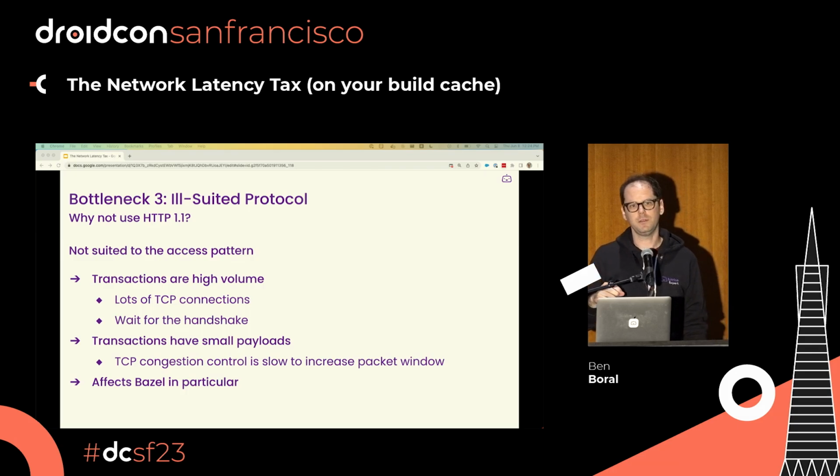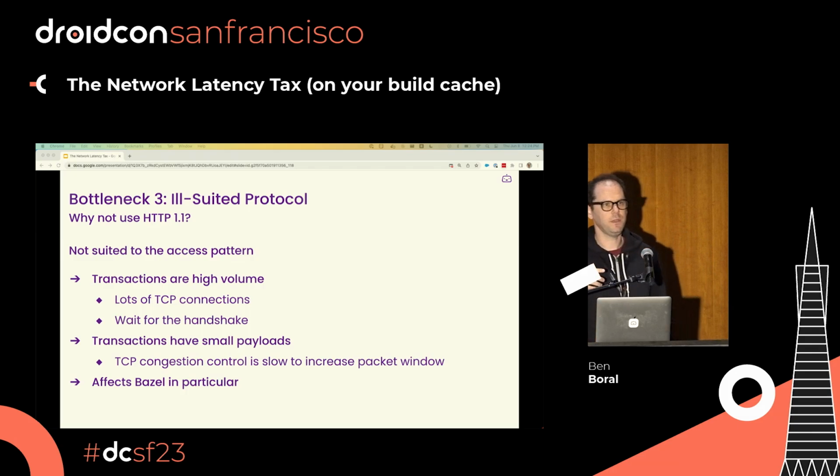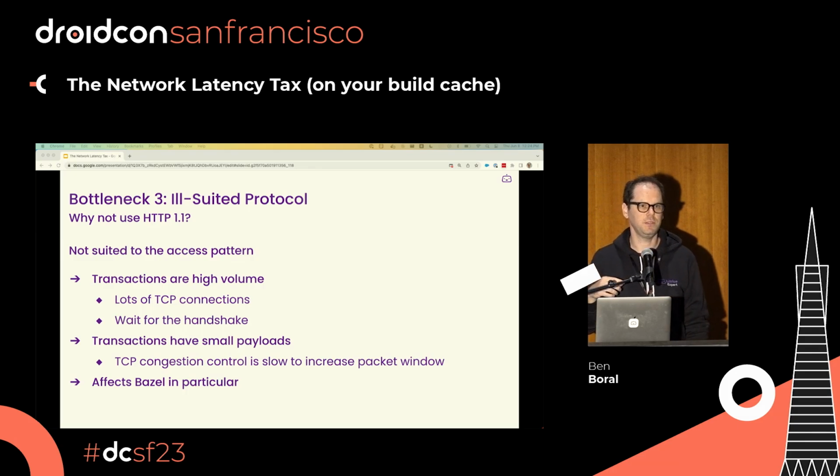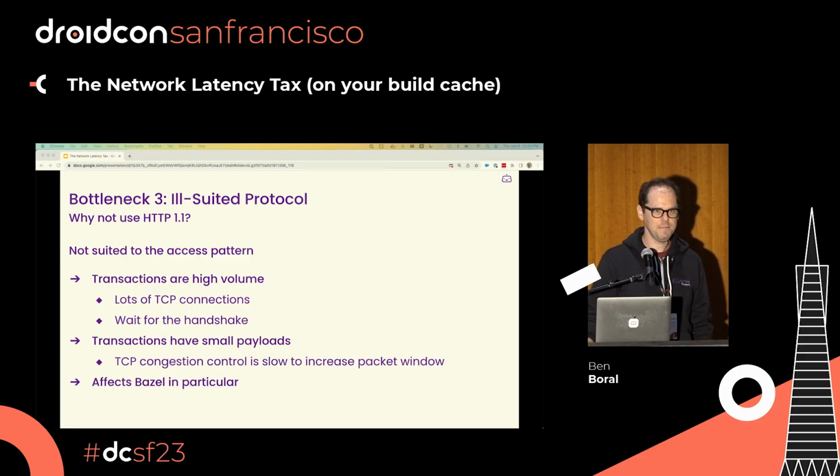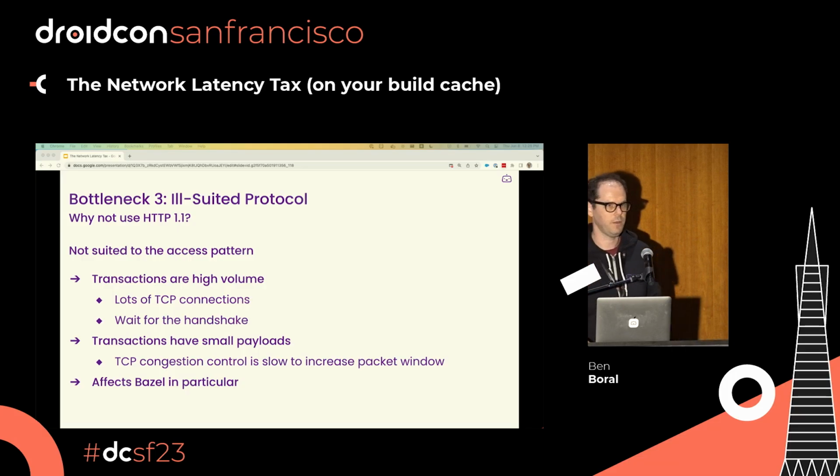So with HTTP 1.1, every time we do a request, we have to spin up a TCP connection, and that has an overhead. There's that handshake that you learned about in your intro networking class that you forgot about. And so that really adds up whenever you do a high volume of network transactions.